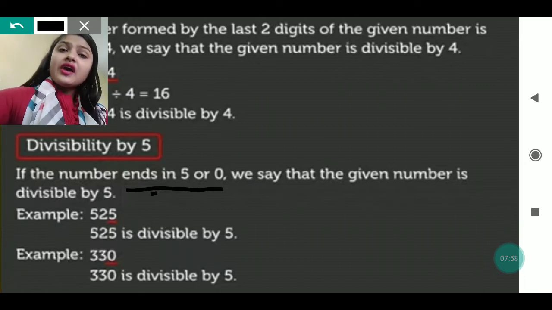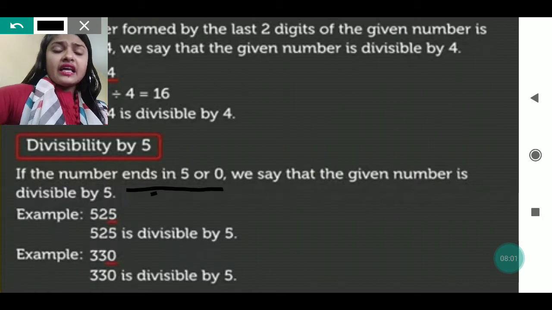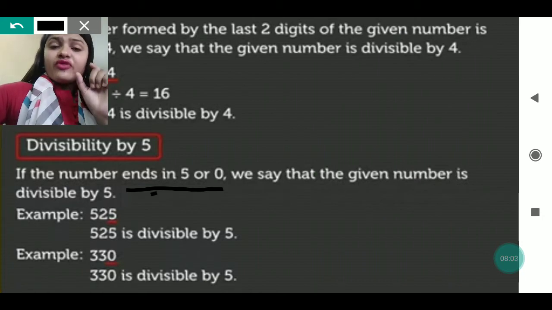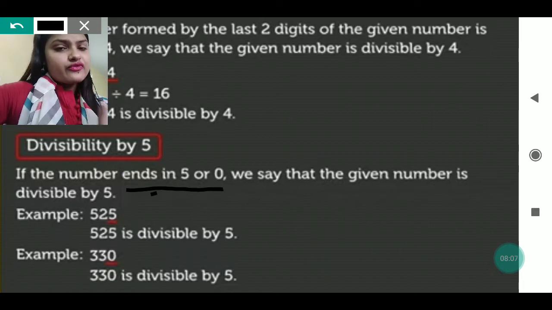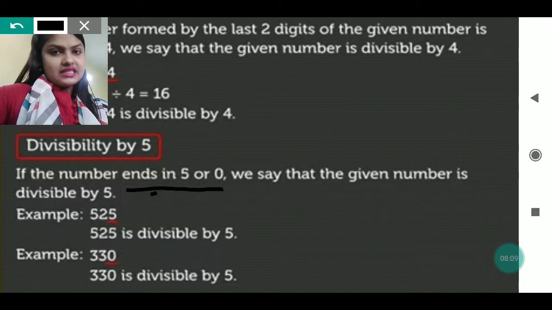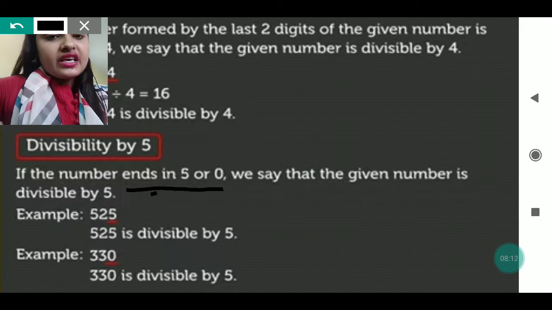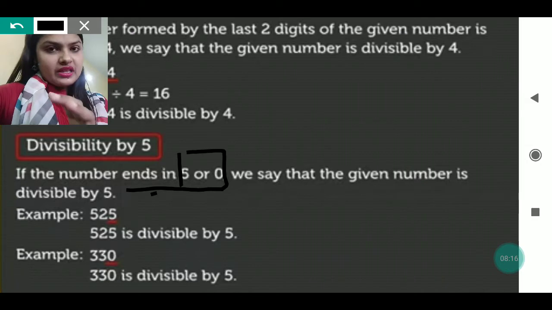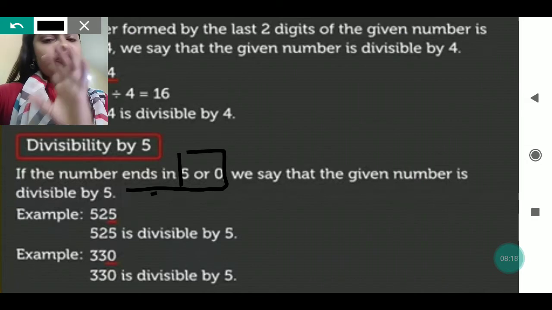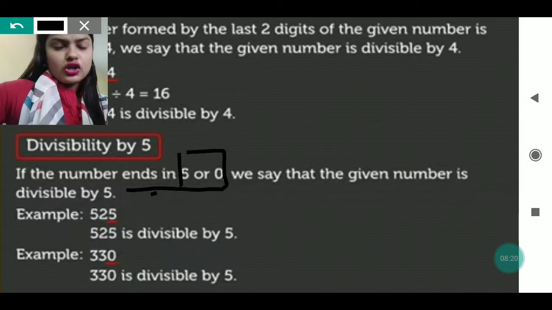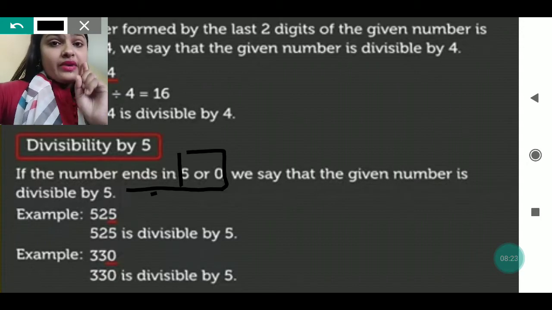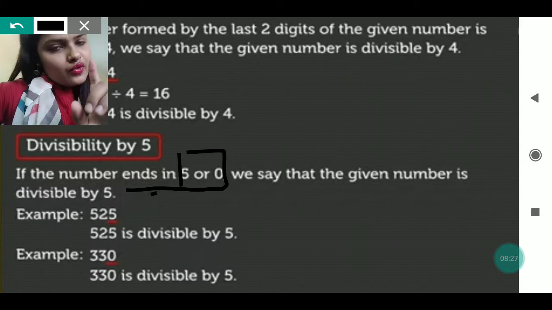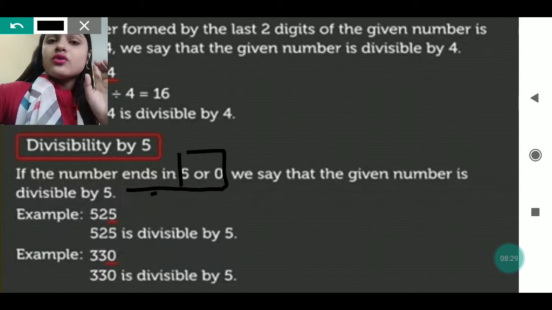In one example, 525 is written, and in the last place you see that 5 is written, so it means that the number is divisible by 5. You just have to see the last digit. If in the end 5 or 0, any one, is there, I'm not saying both should be there, no, any one should be there, either 5 or 0, then it shows that the number is completely divisible by 5. This is the divisibility by 5.